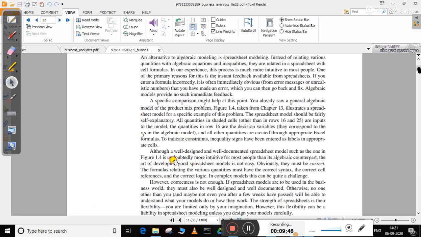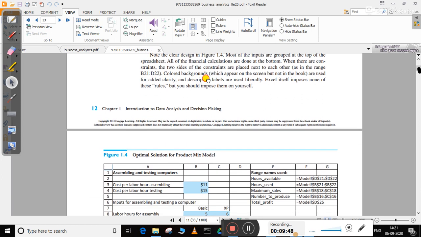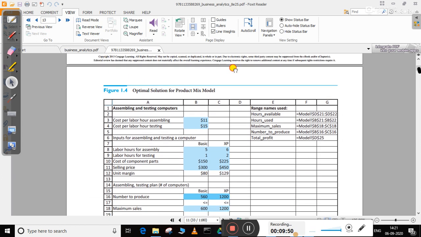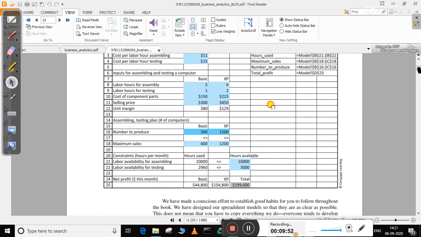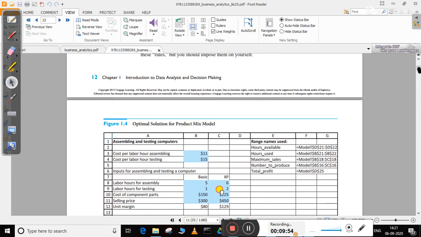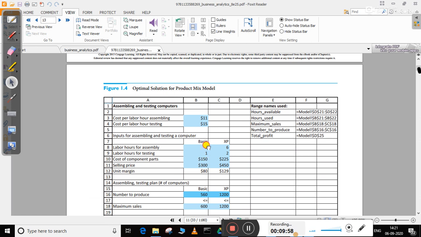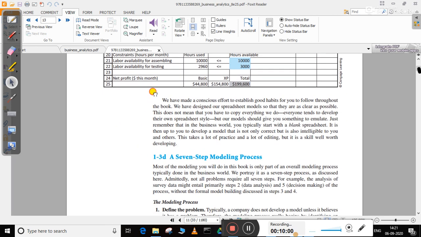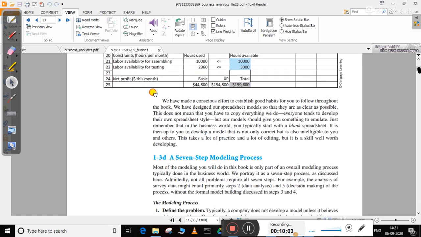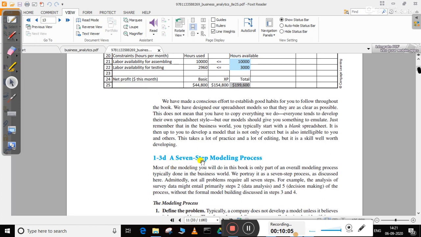What it is, how we can achieve profit or minimize the loss. Using this process also we can devise our plans. In the next video, we'll discuss a 7-step modeling process.